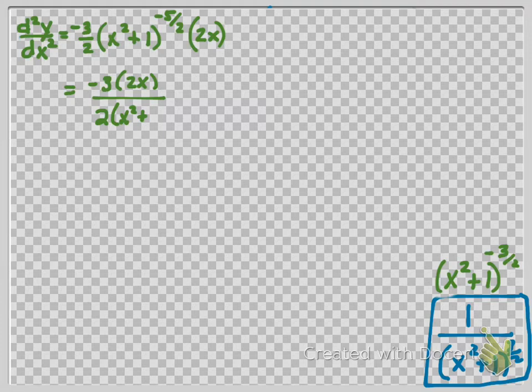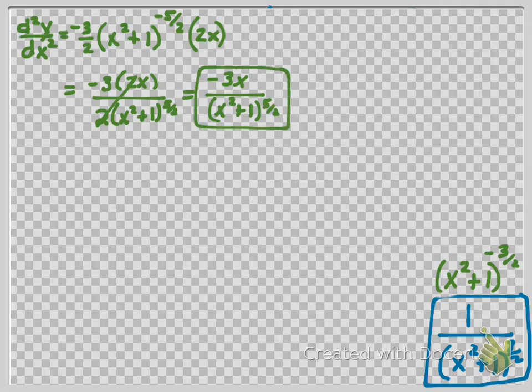I'm just working with people who don't seem to know how to sort things back out after they've done things like what we've just done to them. So this is to the 5/2, yes. So the 2's go away and leave me with negative 3x over x squared plus 1 to the 5/2 in the denominator. Make sense?